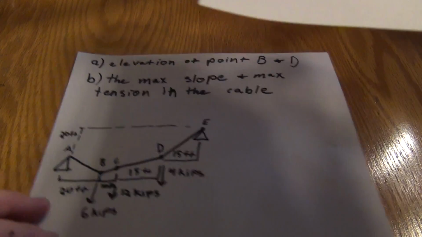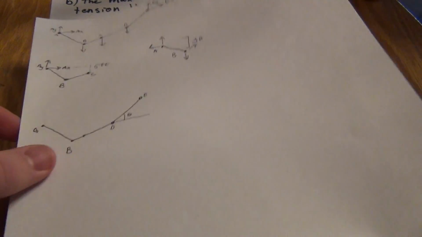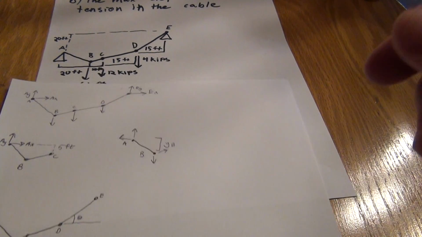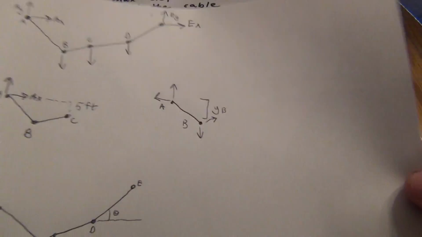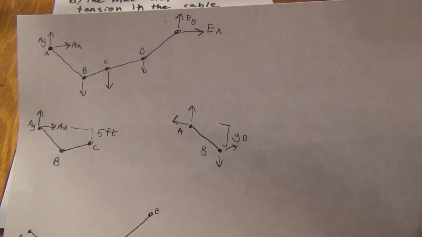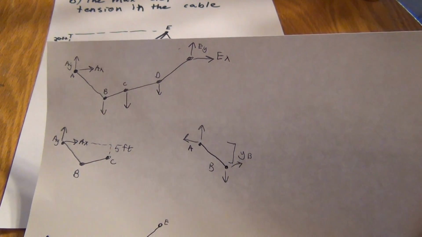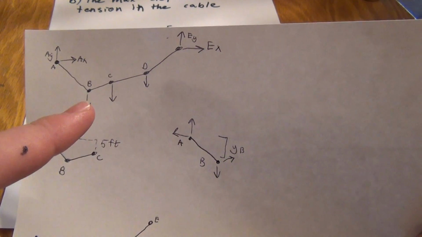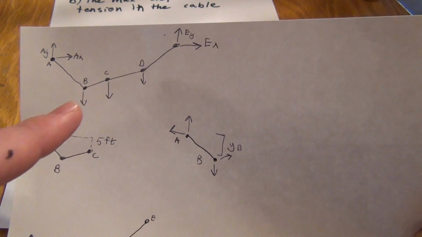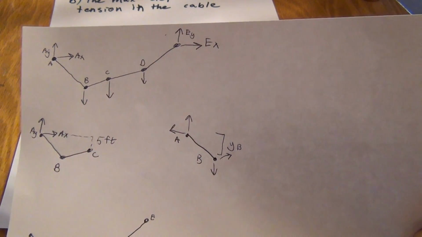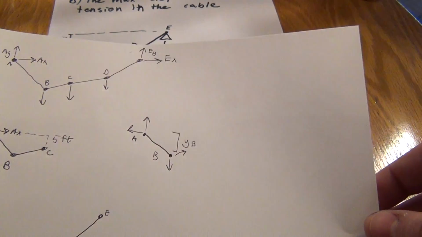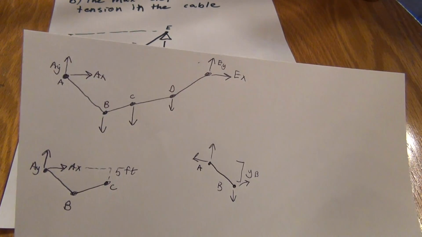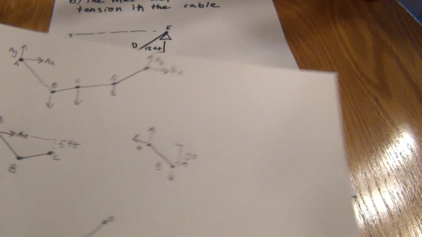So here's a better look at some of the free body diagrams we have. Those are kind of difficult to see. You can see two components at A, two components at E, and then an individual Y component at B, C, and D. One of the first things we're going to solve for is determining the reactions at A. So we're going to determine AX and AY.